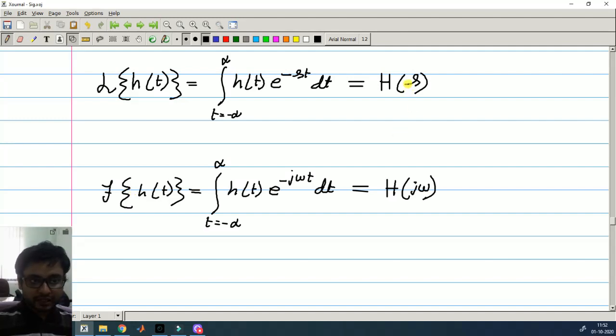That means just make the real part of s, sigma, equal to 0 in H(s). Of course, this Laplace transform must exist at sigma equal to 0. That means the Fourier transform must exist for the signal h(t). Then only this is true.